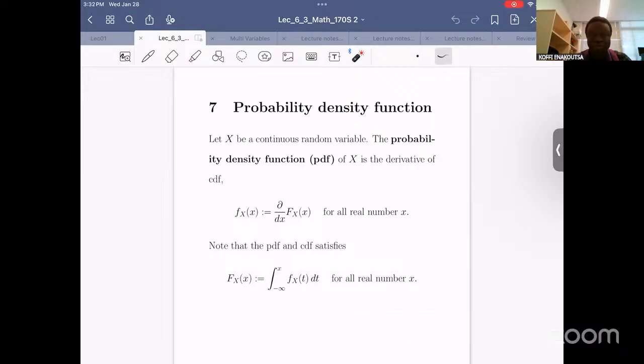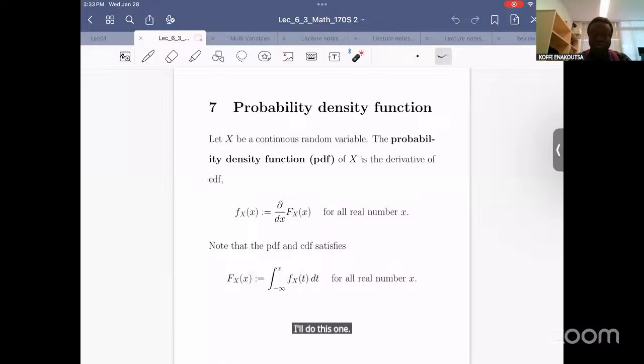Okay. Let me find the second assignment. Sorry for that. Which one is this? Next, something. Yeah, well, let's do this one.